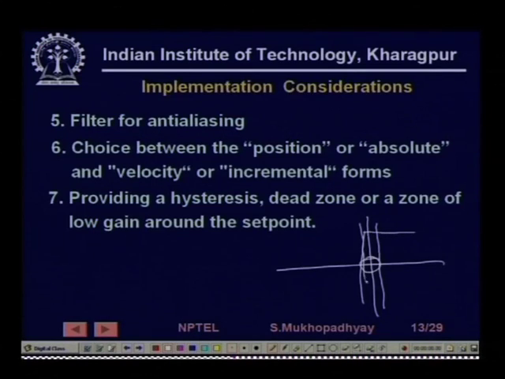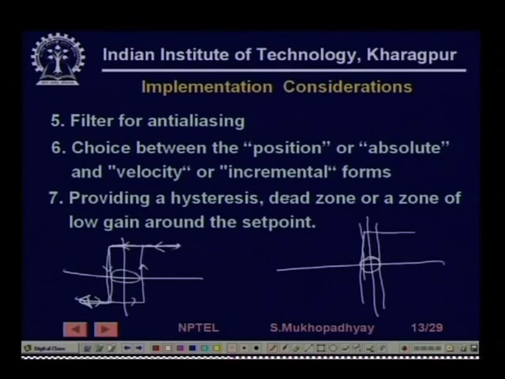Let me draw it clearly. You have an input-output characteristic and you have a hysteresis curve. If the error is in this zone, I am going to maintain the output. If I was here, I will maintain unless the error goes out of this zone. So, this is a hysteresis switch.